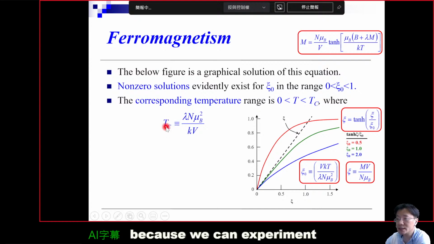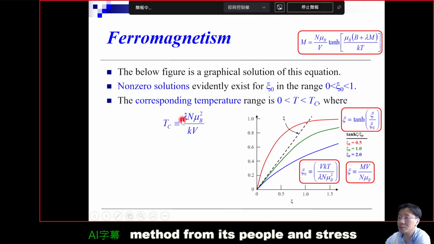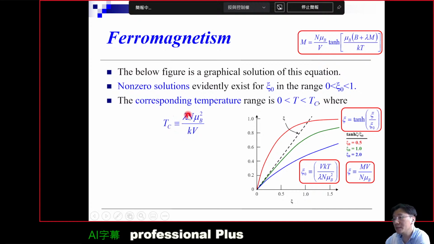Once you get the Tc, you will know the lambda value, because mu b is a constant, you can measure the volume and the number of atoms inside this compound, and the Boltzmann constant is also constant. So all four parameters are already known. So you can measure the Tc from experiment and extract the proportional parameter lambda.